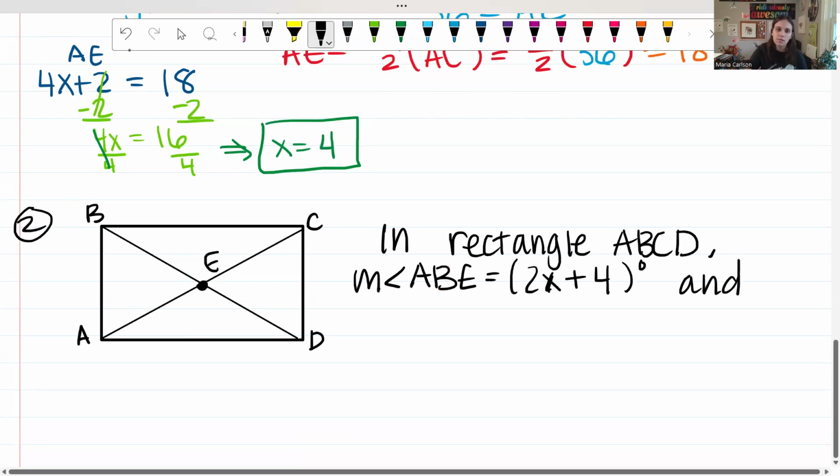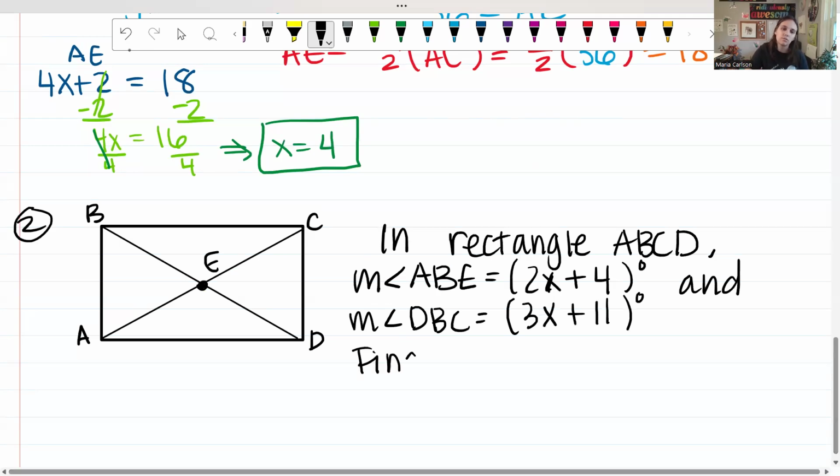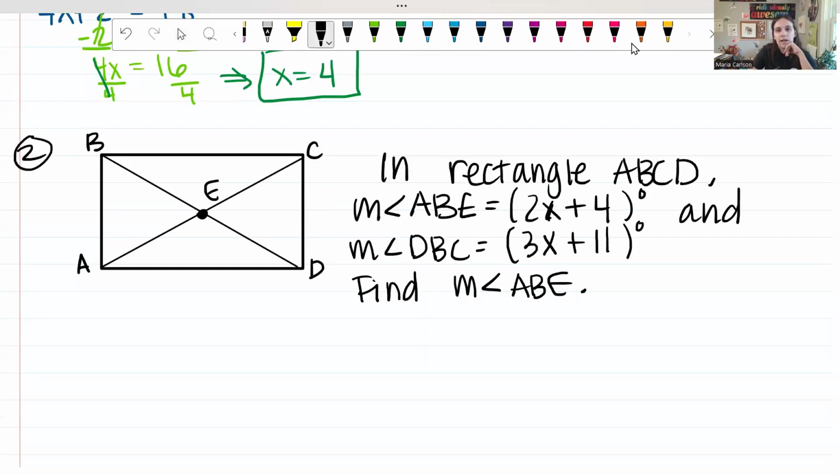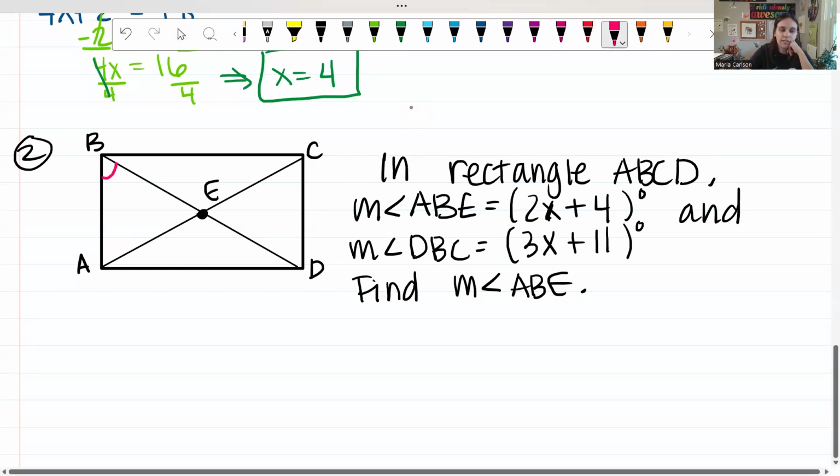And the measure of angle DBC is 3x plus 11 degrees. Find the measure of angle ABE. All right, so we know that angle ABE, which is this angle right here, is 2x plus 4 degrees.